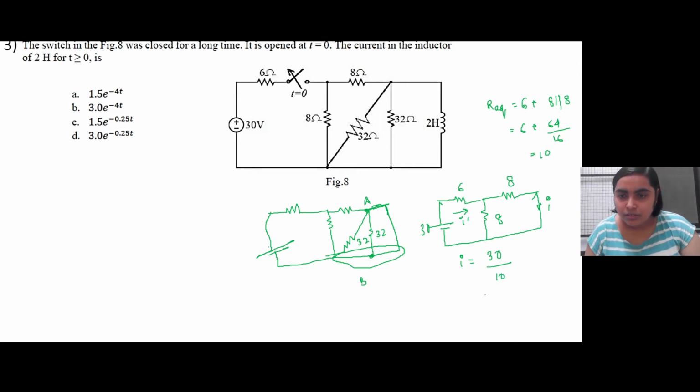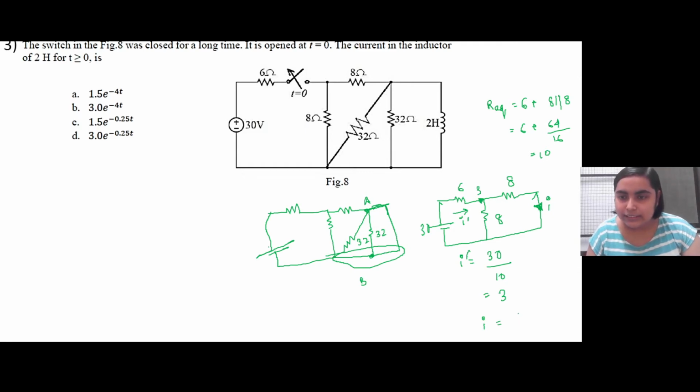So the current that is flowing before time t equal to 0 is 3 amperes, yeah, it's 3 amps. Now what we have to find is the current that was flowing through the inductor, which is equal to I. If you just apply the current division rule, at this particular node 3 amps is entering, and it will get distributed in these two branches.